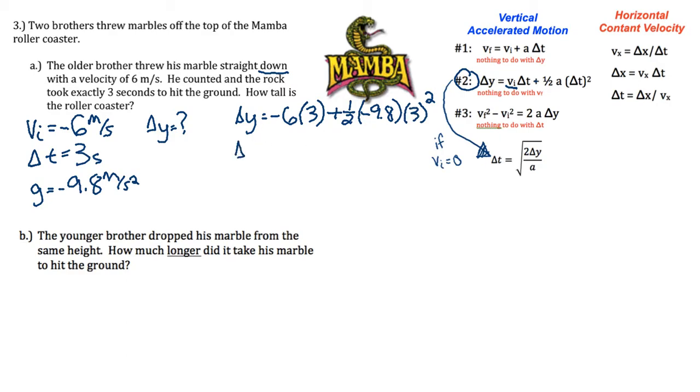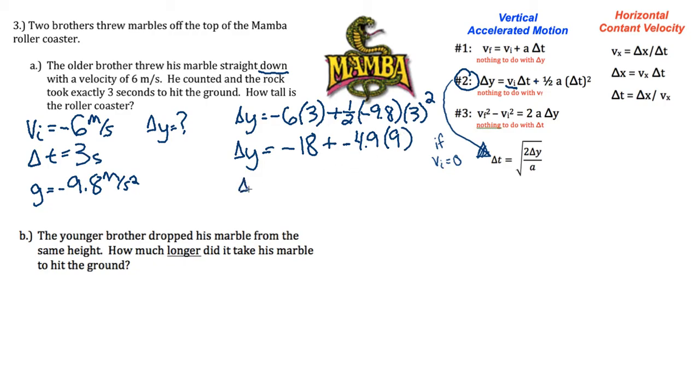So delta y will equal the negative 6 times 3 will give us negative 18 on this side. Multiply that together, plus 1/2 of negative 9.8 will give you negative 4.9 times the 3 squared, which gives you 9.